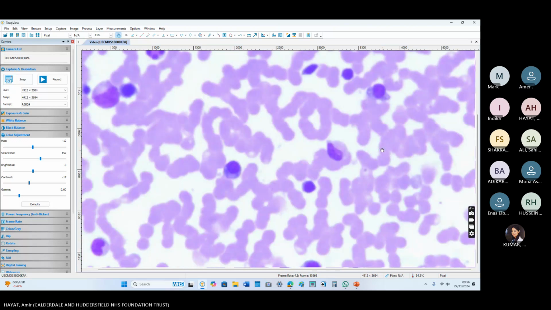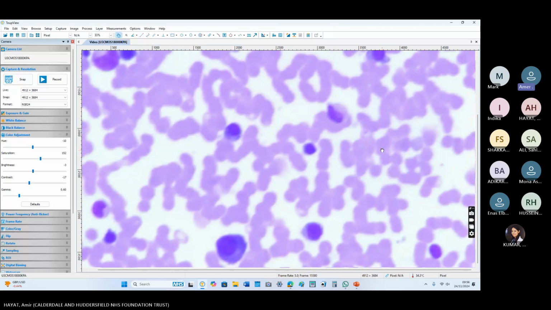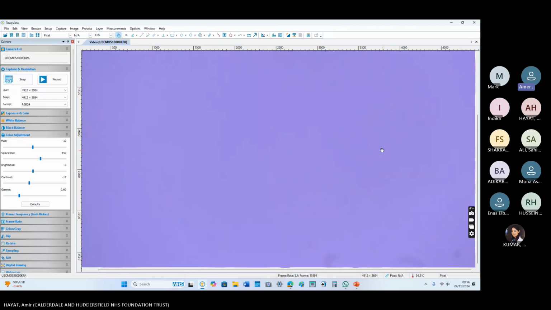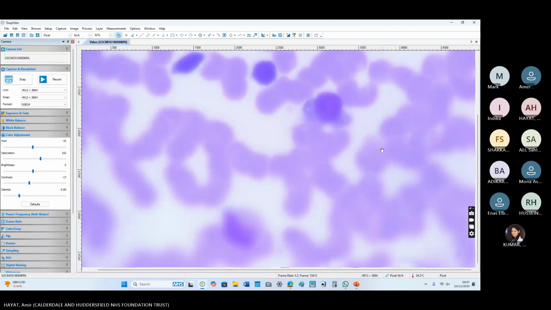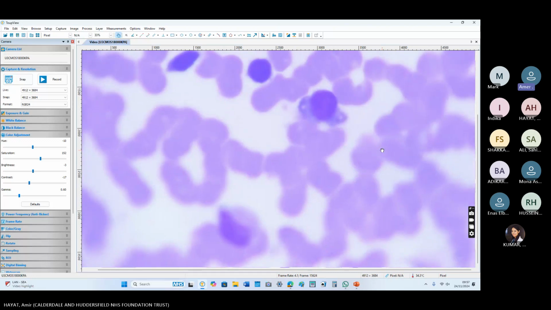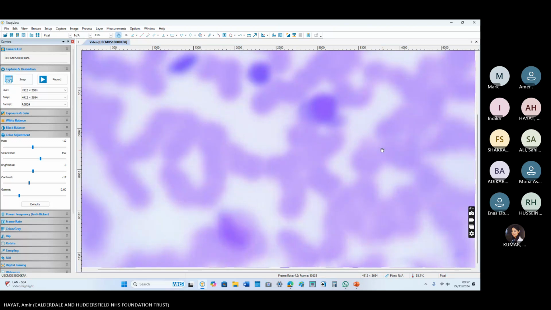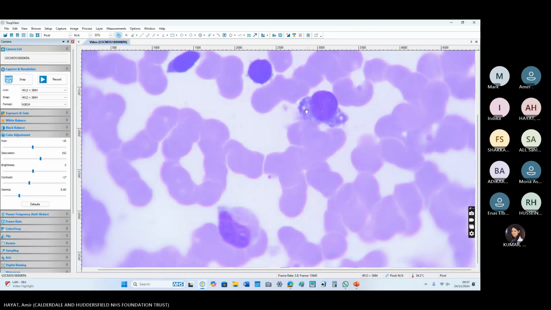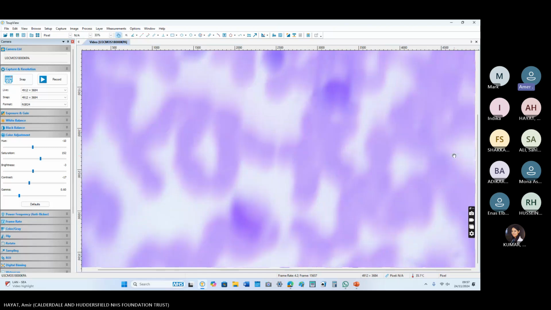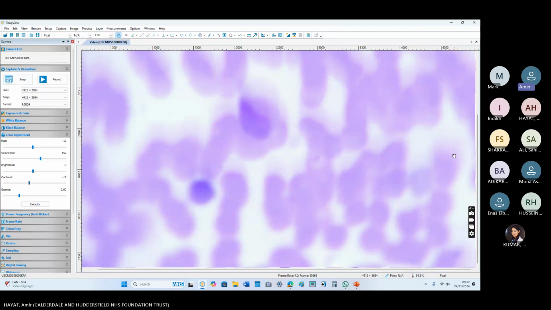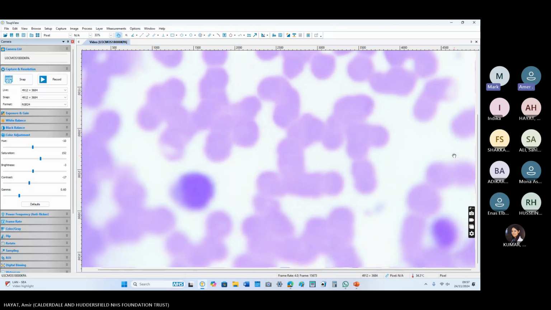Now, these cells have some vacuoles inside them. This one and this one. There was a term used for these cells, Dutcher bodies or something like that, but I forget.